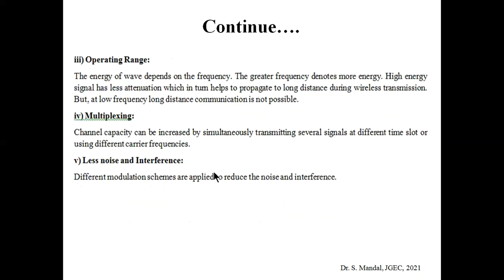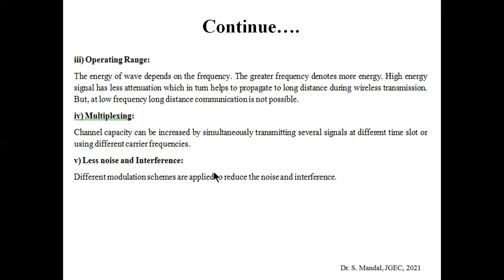Okay, next the operating range. It can be shown that the energy or power of a signal depends on its frequency. That means a greater frequency denotes more energy, and a high energy signal has less attenuation, which obviously helps it propagate a long distance with minimum attenuation during wireless transmission.